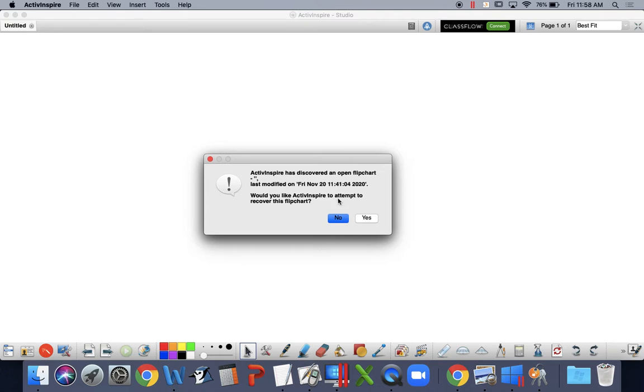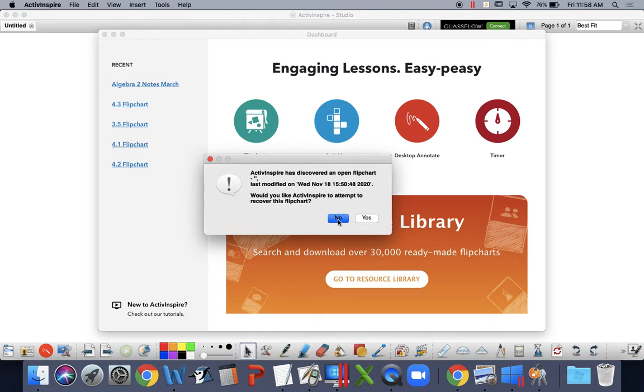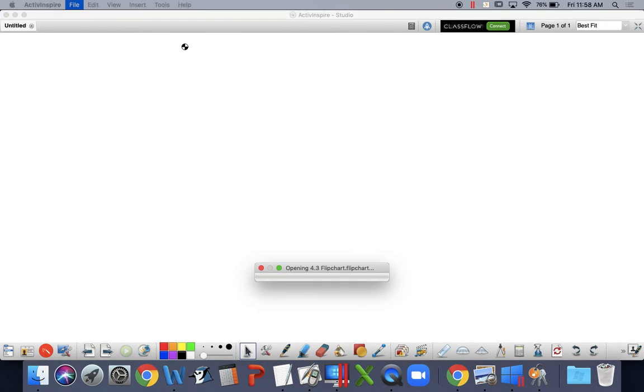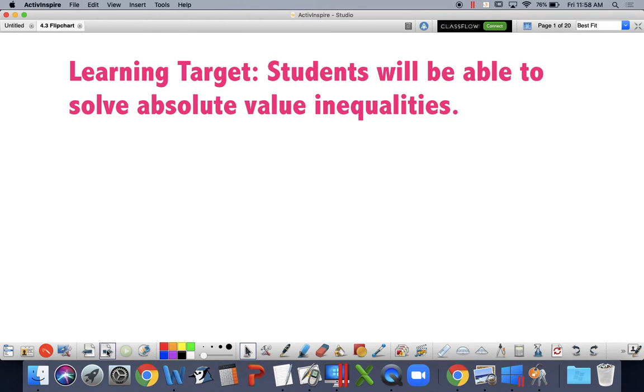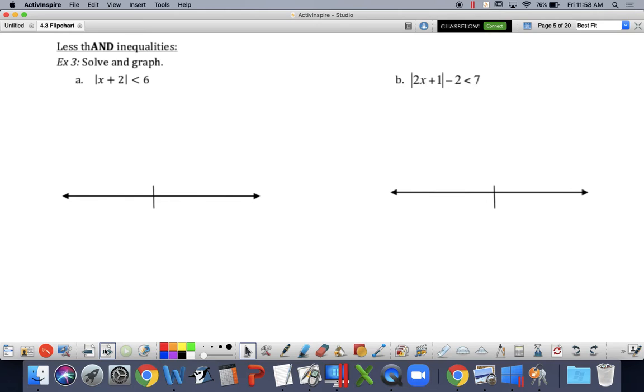Did it quit unexpectedly? All right, let's see if it actually works here. All right, let's see if I need to calibrate.